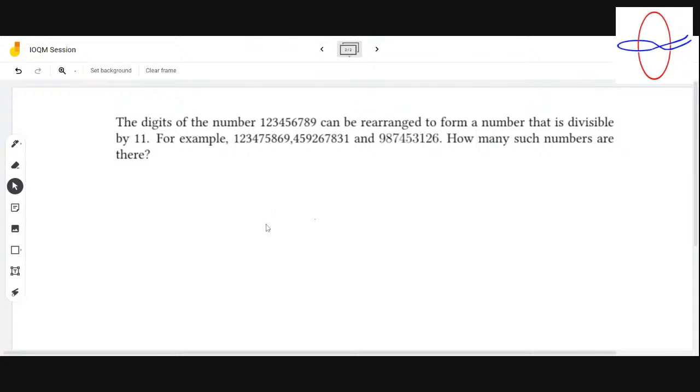Okay, so the first hint is to think about the divisibility rule of 11. Think about the divisibility rule of 11.